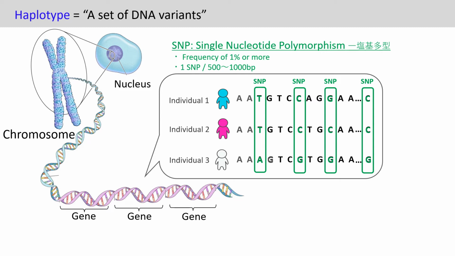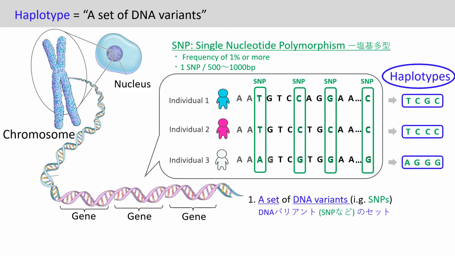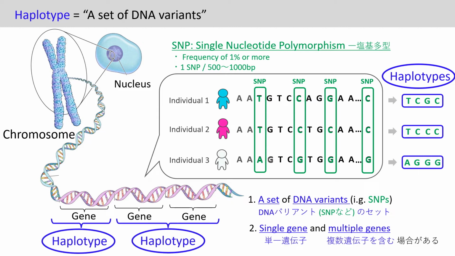They occur roughly every 500 to 1,000 base pairs and are thought to be a factor that causes individual differences. As the figure shows, a haplotype refers to a physical grouping of genetic variants such as SNPs, and it can be limited to a single gene, or it can be larger and include multiple genes on the same segment of chromosome.